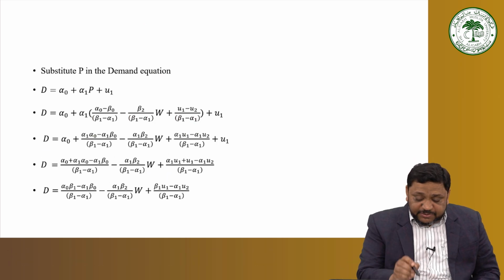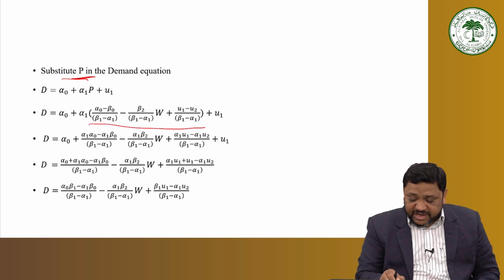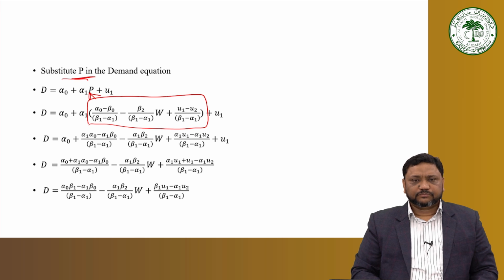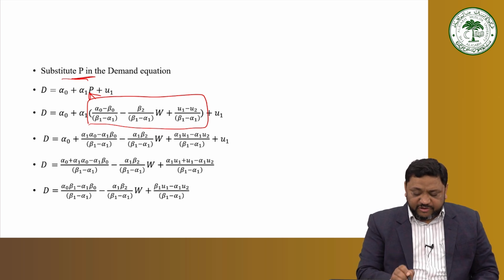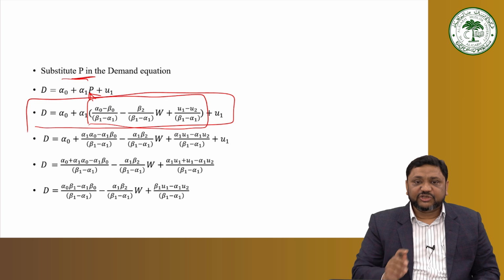Now we substitute this value which we have just derived into P. We take the demand function and substitute the value of P which we have just derived into this demand function. So we can write the new demand function in this form.